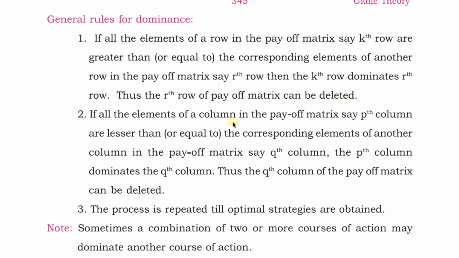If all the elements in a column in a payoff matrix, say pth column, are lesser than or equal to the corresponding elements of another column, say qth column, the pth column dominates the qth column. Thus the qth column of the payoff matrix can be deleted. The process is repeated till the optimal strategies are obtained.